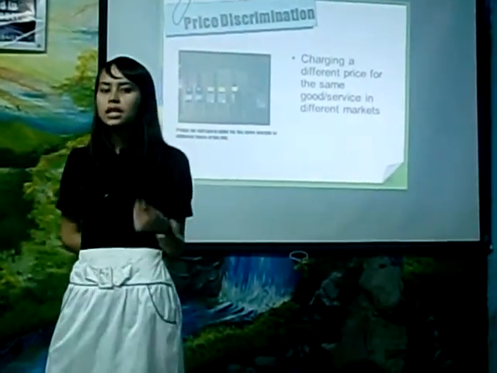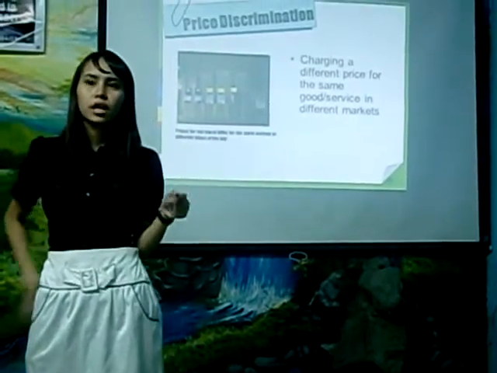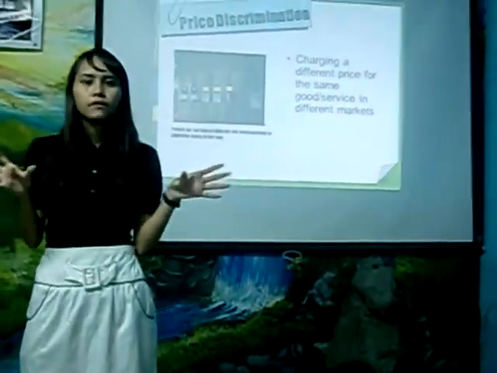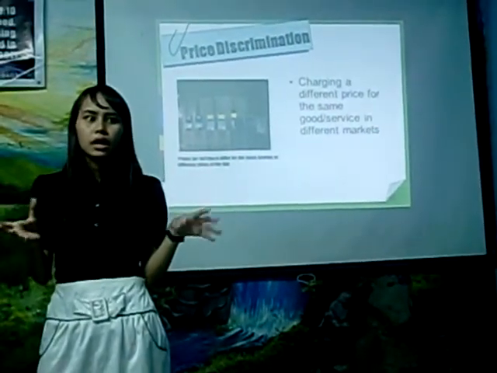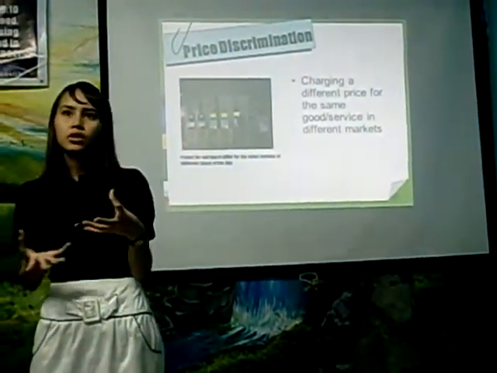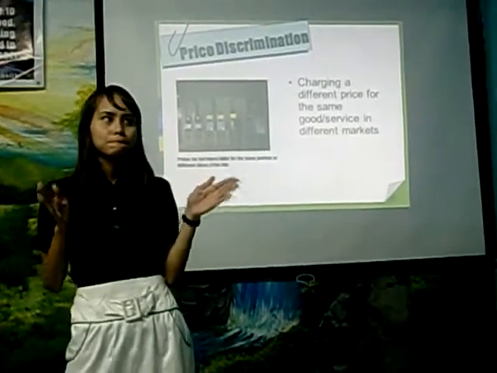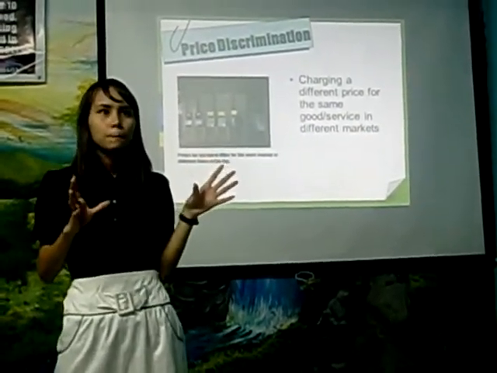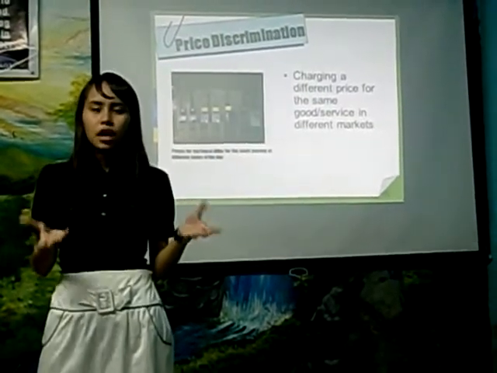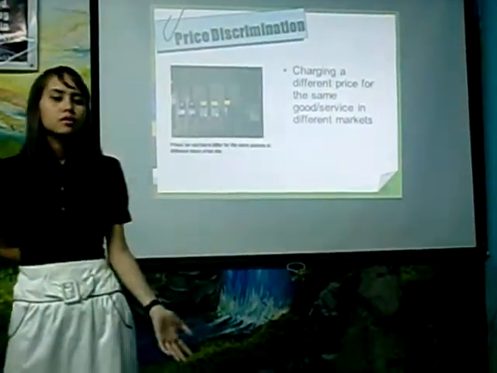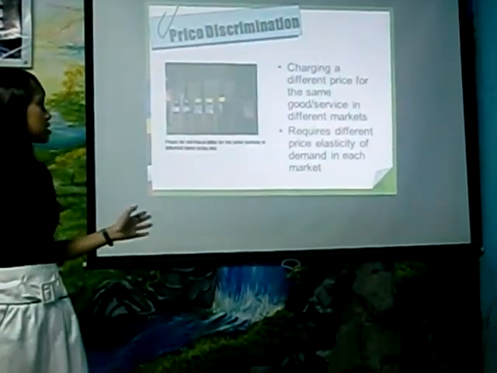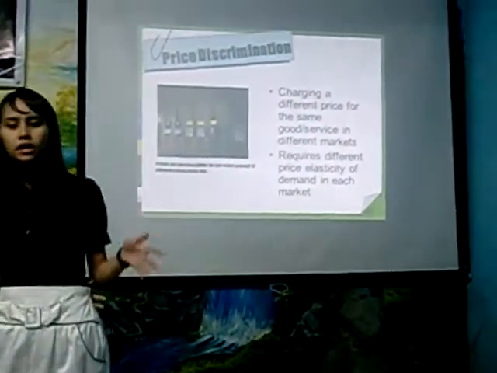That's how we call price discrimination. They have the same product, but they have different prices. It always depends on the place, and on whether they are paying a much higher value in that place. It requires different price elasticity of demand in each market.